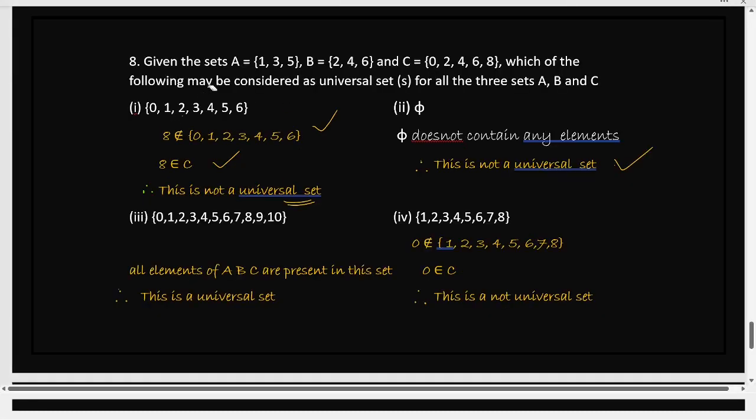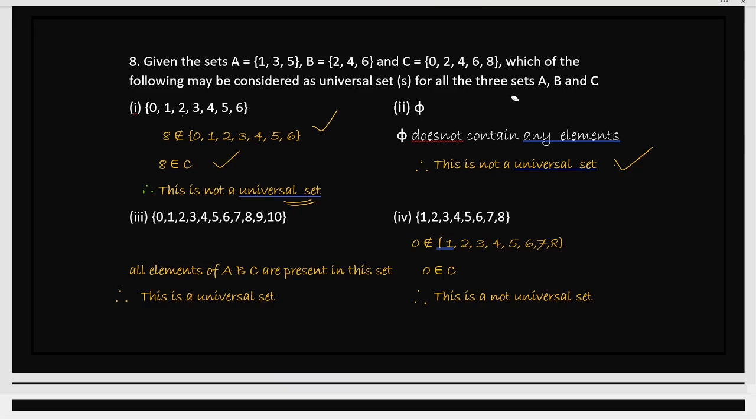Now, coming to the last question, given the sets A = {1, 3, 5}, B = {2, 4, 6} and C = {0, 2, 4, 6, 8}. Which of the following may be considered as the universal sets for all the three sets A, B and C? See this, {0, 1, 2, 3, 4, 5, 6}. Can you consider this as universal set for all this A, B, C? Let us examine.